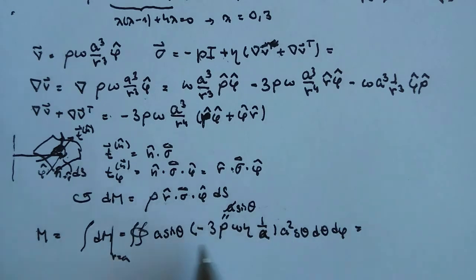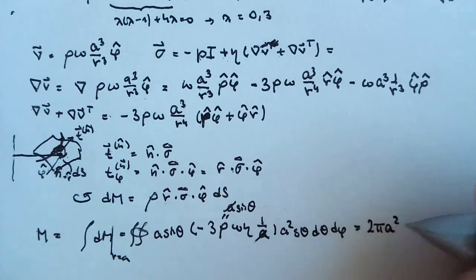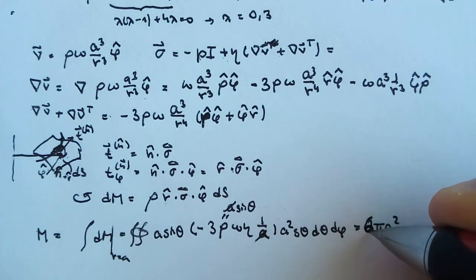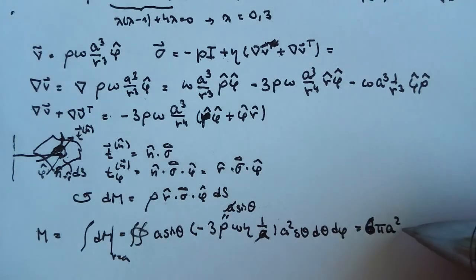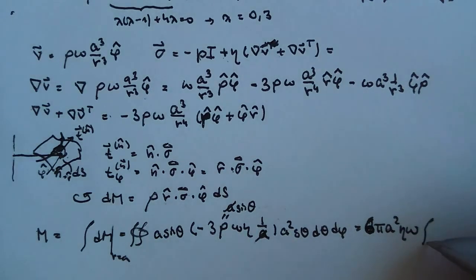Can be easily computed right now, because this is not dependent on phi, so it's 2 pi a squared times 3, which is actually 6, times omega and eta times the integral of sine cubed theta d theta.